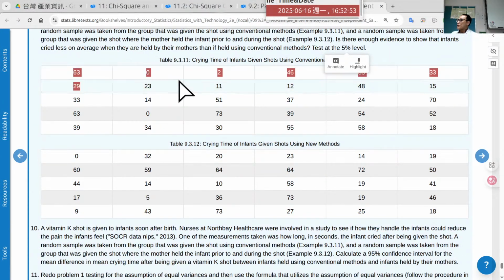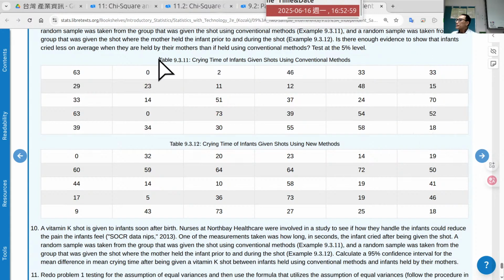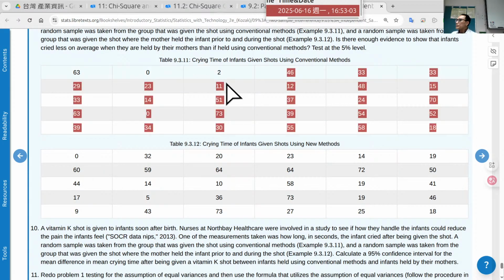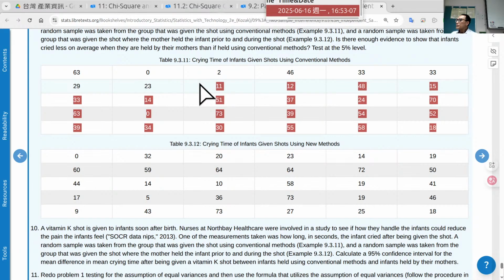Select a range and copy. Okay, the first one, using conventional method, using new method, copy.